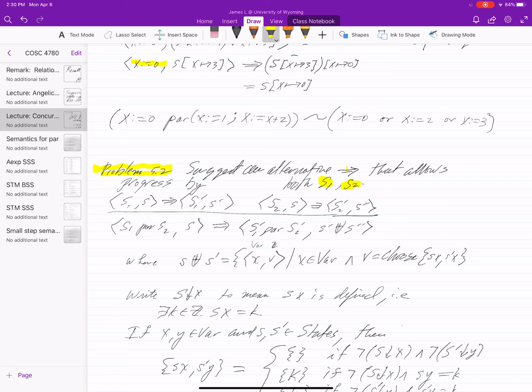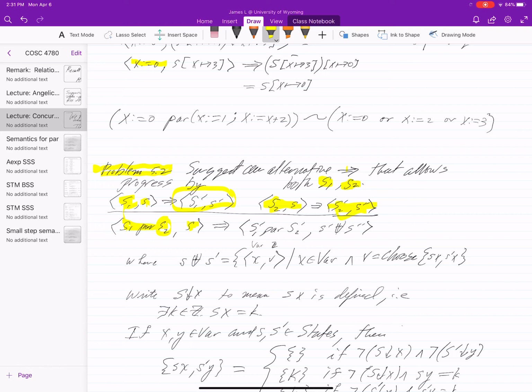So the first rule that I thought of is, okay, what we do is we're starting with this in state S. So run S1 from state S and see where you get. And then run S2 also from the same starting state S, and then see where you get.